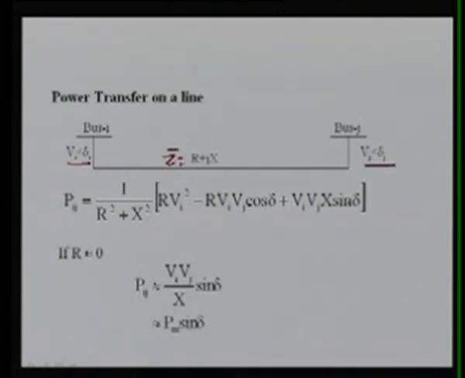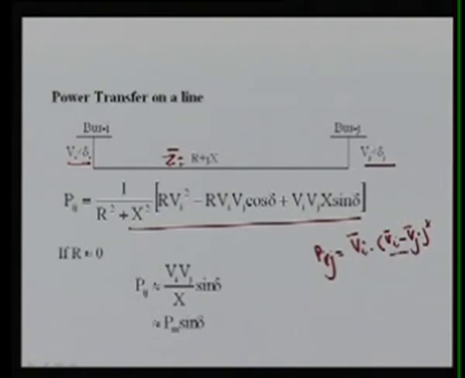We can write Pij in this line with this formula. Pij is the real part of Vi, complex, into Iij, where Iij is Vi minus Vj divided by Z, conjugate.